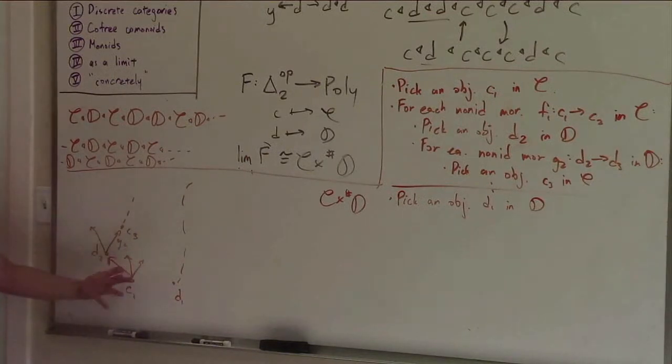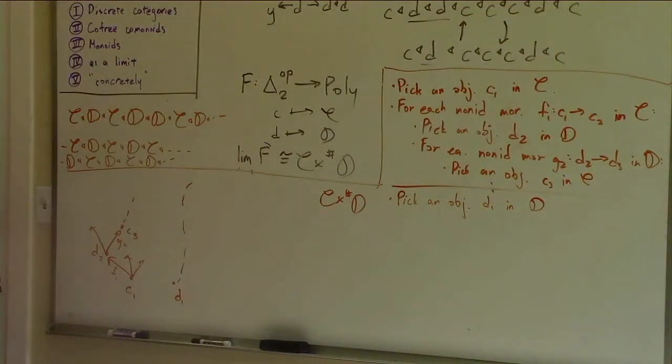That's why we haven't drawn the identities, because that's just staying in one place. But you can also choose to take a morphism out of C1 here, and then a morphism out of this D2 here, and so on. So it's these alternating sequences of morphisms from C and D, just like with the free product of monoids.